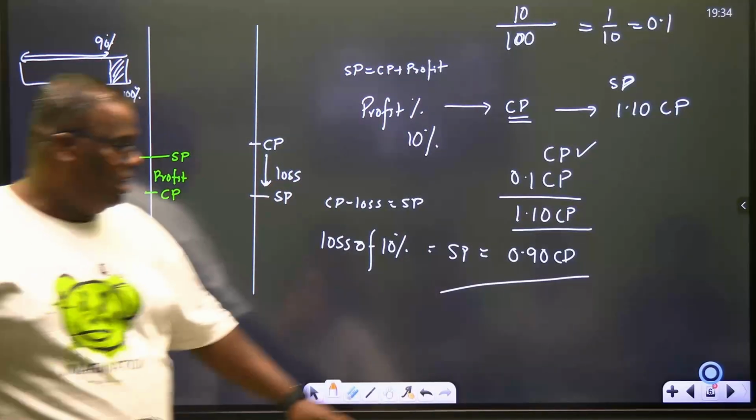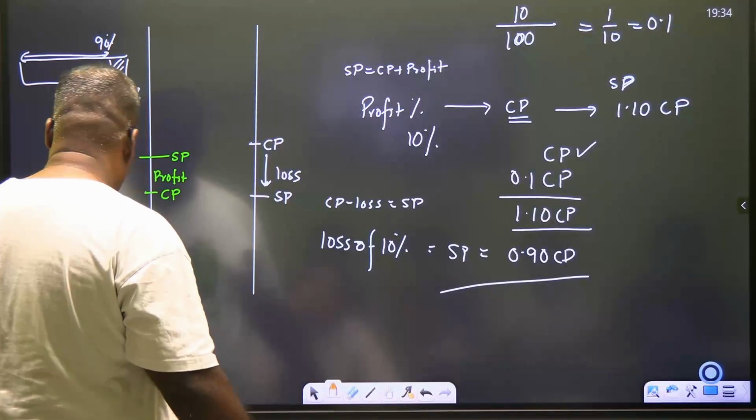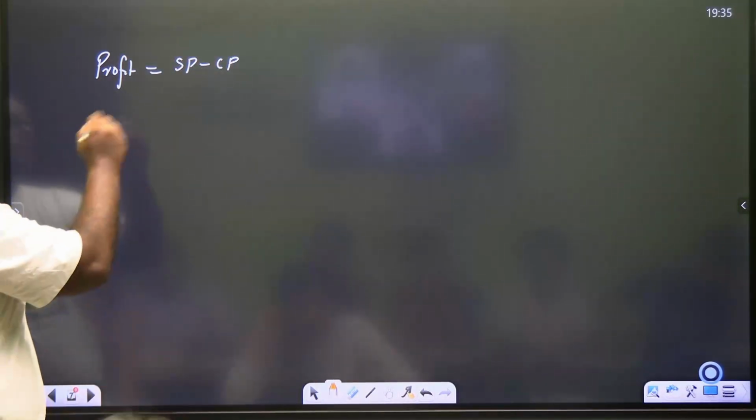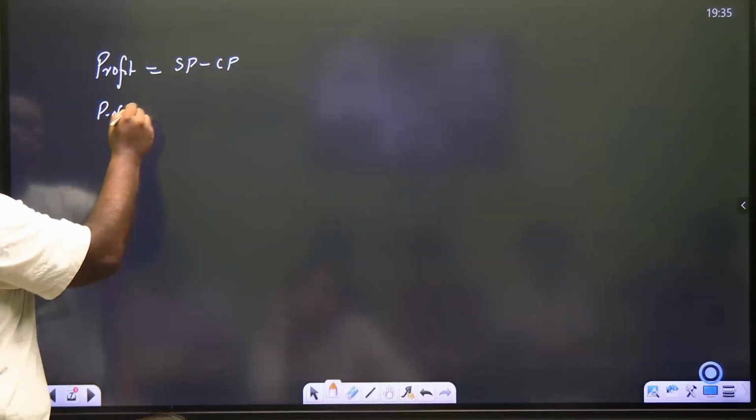Understood? Now many children can also get confused, saying, sir, tell us some formulas also. So let's look at profit. Profit any day is the excess of selling price over cost price. Right? Sir, what is profit percent?